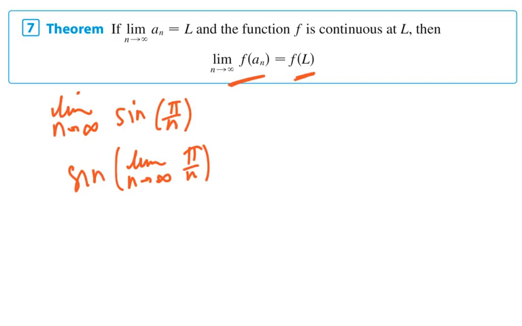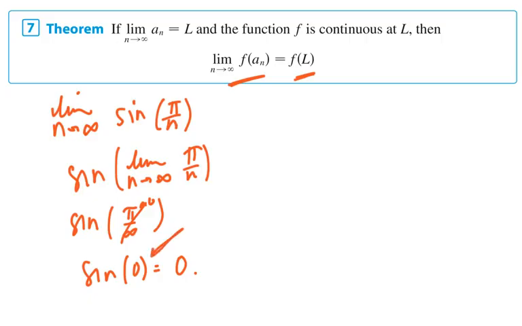Now you can take the limit of pi over n, and we have sine of pi over infinity, and remember this approaches 0. So sine of 0 is 0. And that's why we need to look at the fact that it's continuous at 0. Because we're continuous at 0, this step is allowed, and the sine is actually at 0. So this is a convergent sequence.